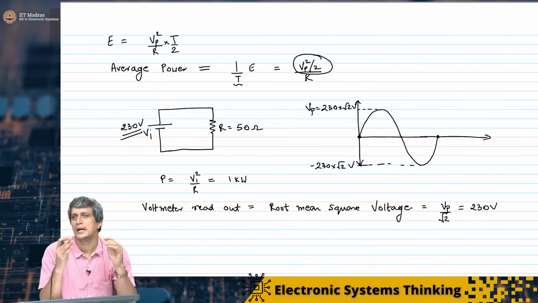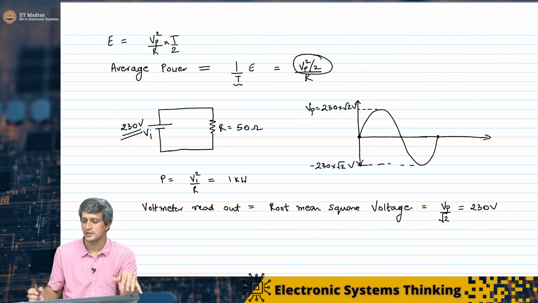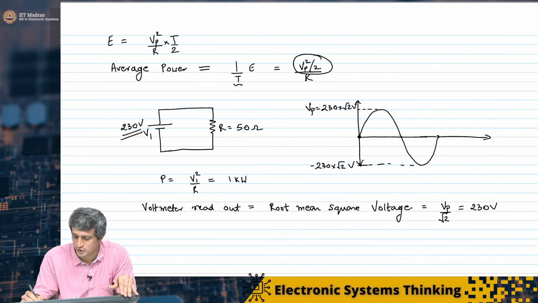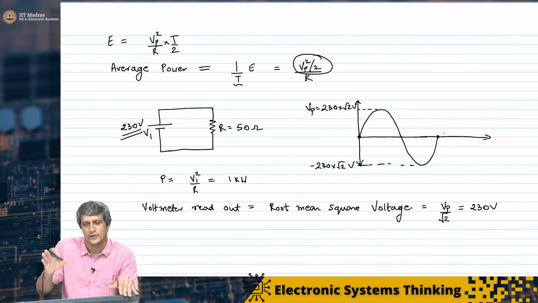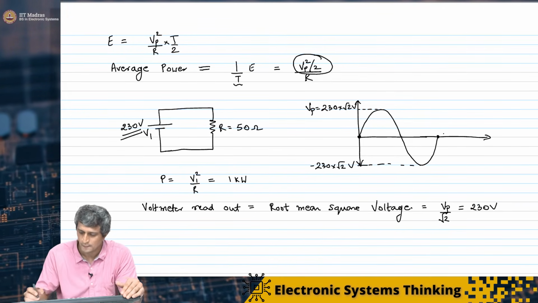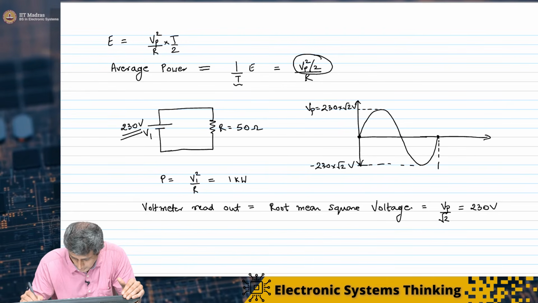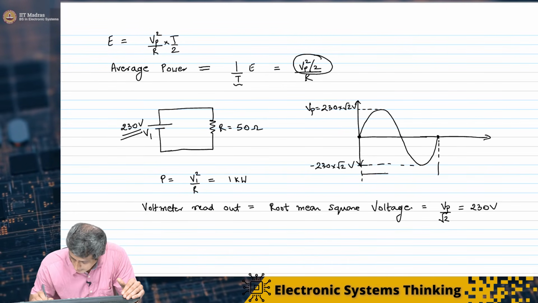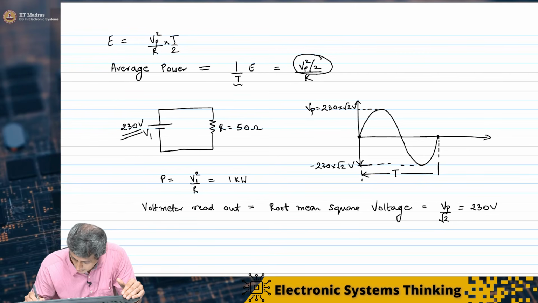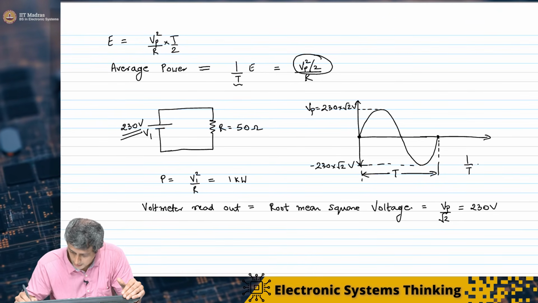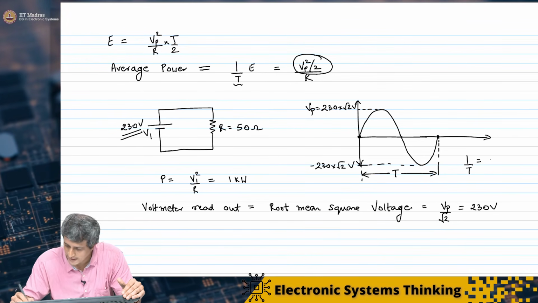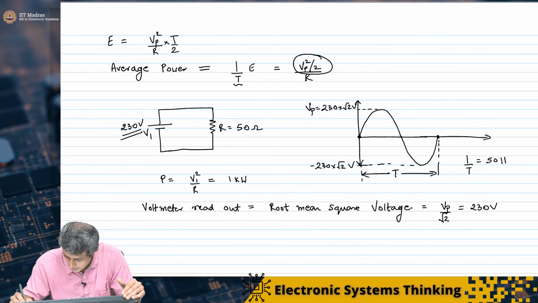The time period has been removed from this. An additional fact, which doesn't come out of the experiment we did, is that this frequency, 1 by T, in your mains is going to be 50 hertz.